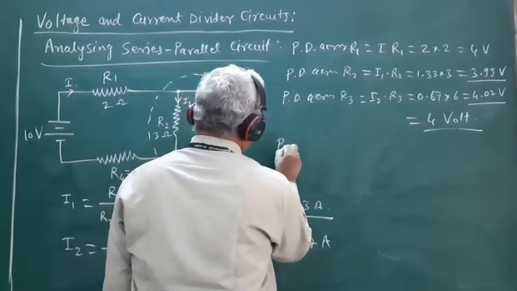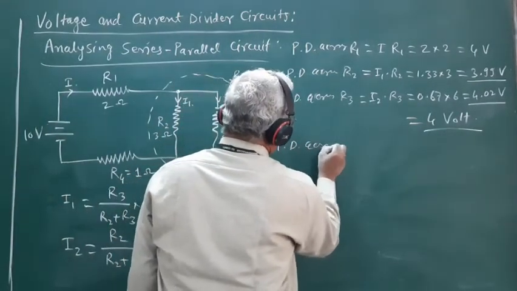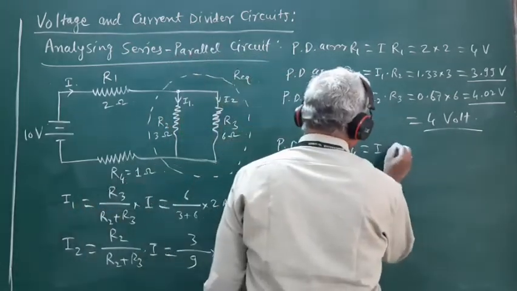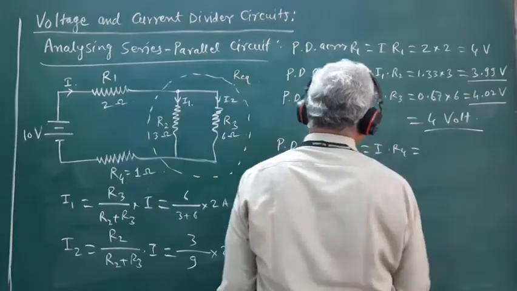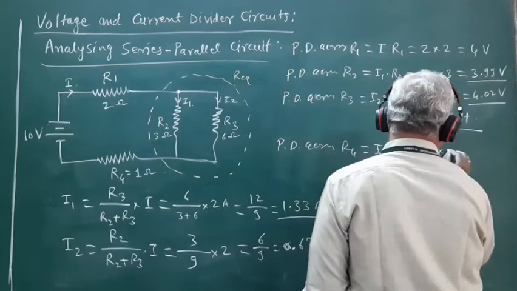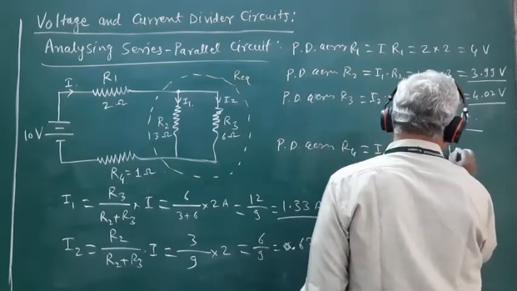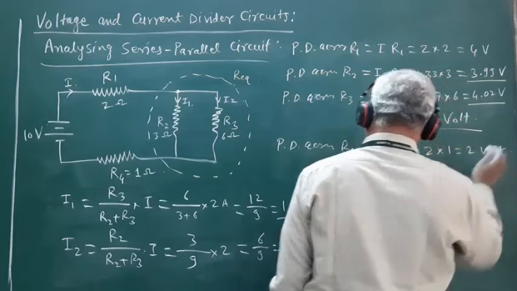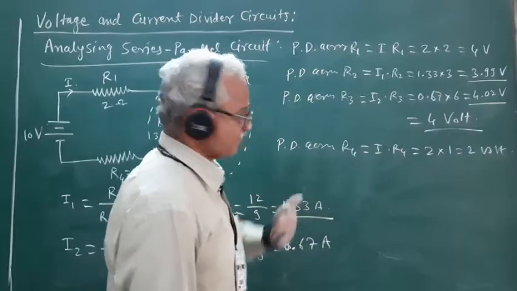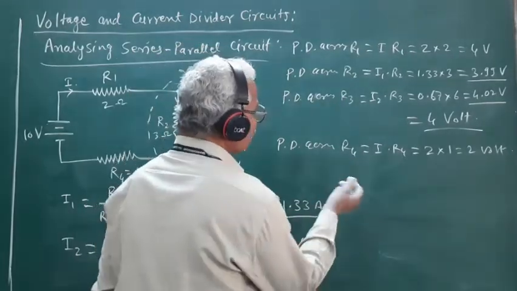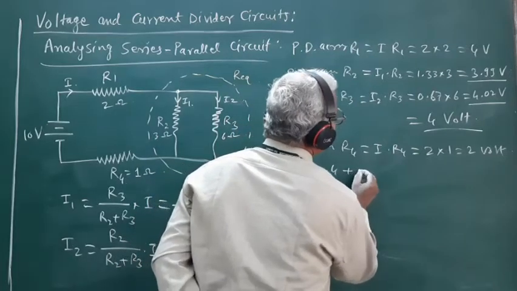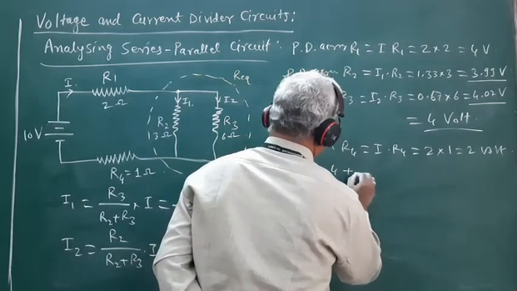And the potential drop across R4 will be equal to I into R4. I is 2 ampere into R4 is 1 ohm. So if we calculate the sum of these potential drops, it works out to 4 volt plus 4 volt plus 2 volt.